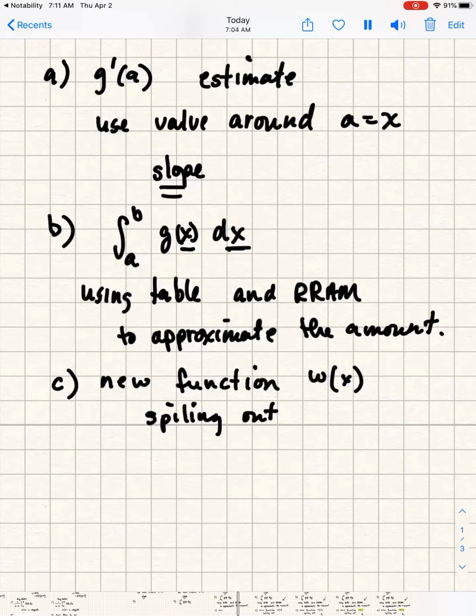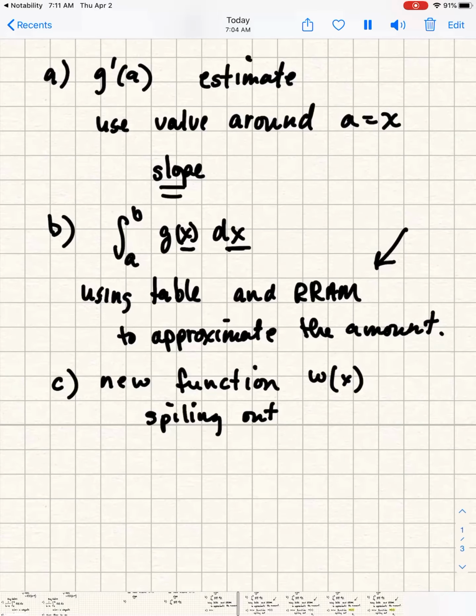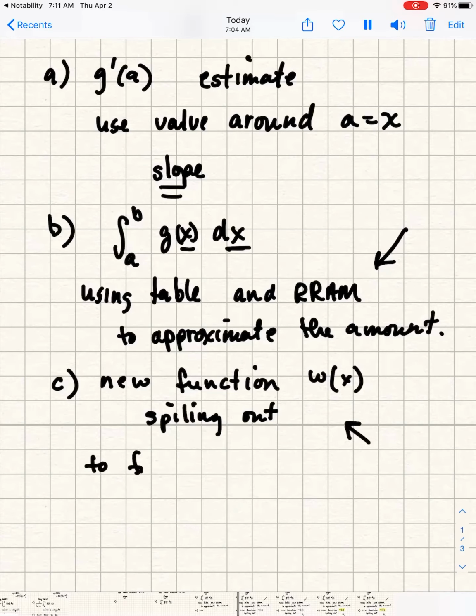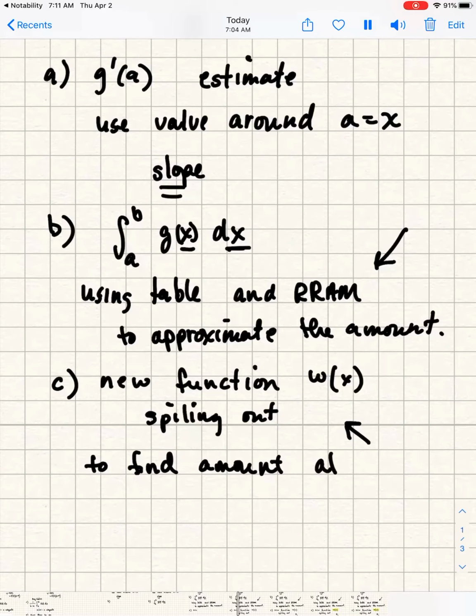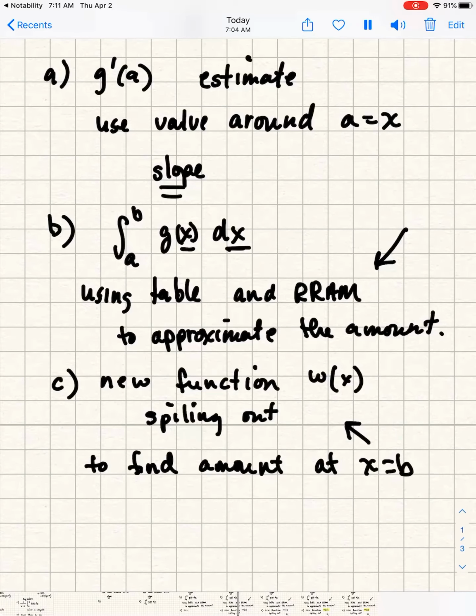Then you're going to use what you get here with what you get here to find the amount at a given time at x equals, we'll say b, because it's a new time. If you have any questions on that, let me know, you can hop on. But again, it's integrals here for both B and C.